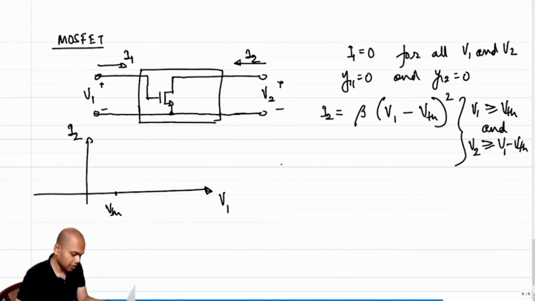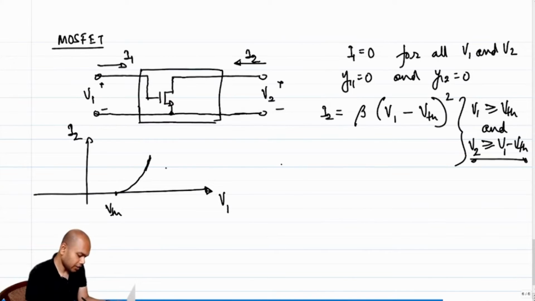As long as V1 is more than VTH and V2 satisfies the condition V2 greater than V1 minus VTH, if I keep increasing V1, I should get a parabolic-looking curve.